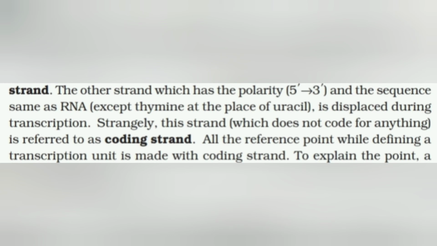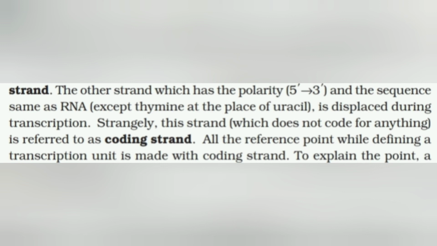The other strand has the polarity 5' to 3', and its sequence is the same as the RNA, except for thymine in place of uracil, which is displaced during transcription. Strangely, this strand is referred to as the coding strand. This does not code for anything, but the coding RNA has the same sequence. All the reference points while defining a transcription unit are made with the coding strand.